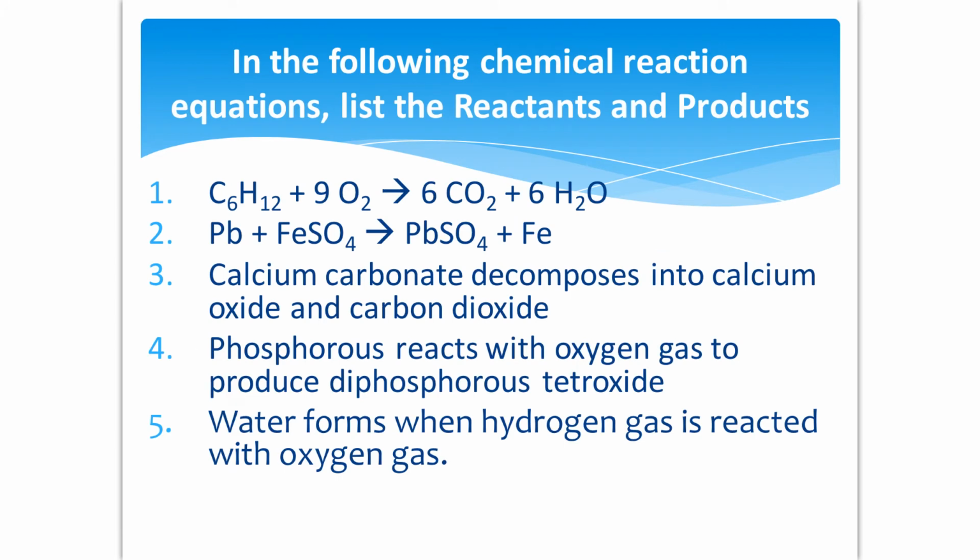It's very critical that when you read a chemical equation, either through the words or through the formulas, you understand which are the products and which are the reactants. So you want to look at these real quick and identify the products and the reactants, because that's going to help you if you have to write a chemical equation from the words, or from the formula into words.